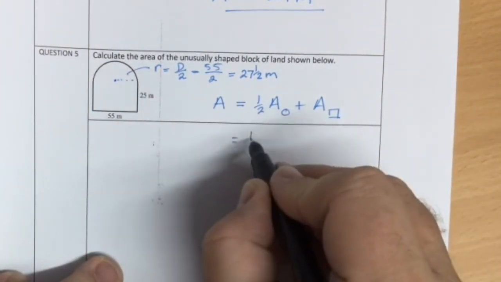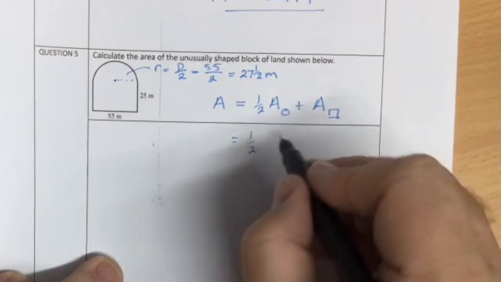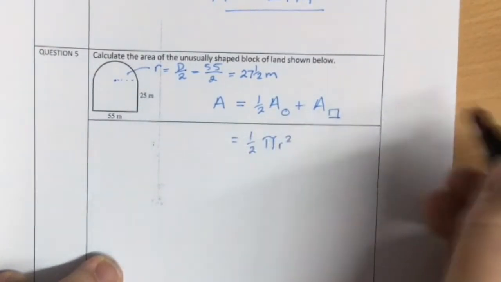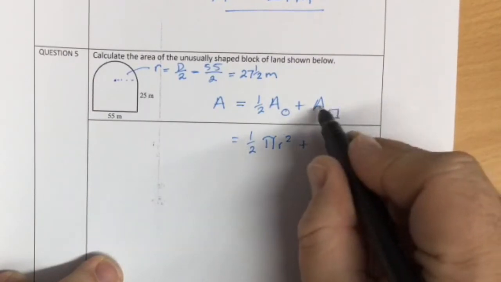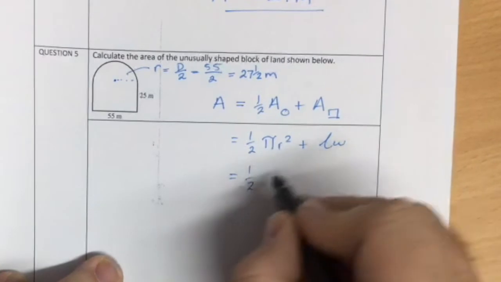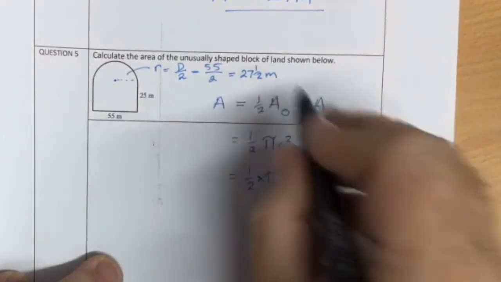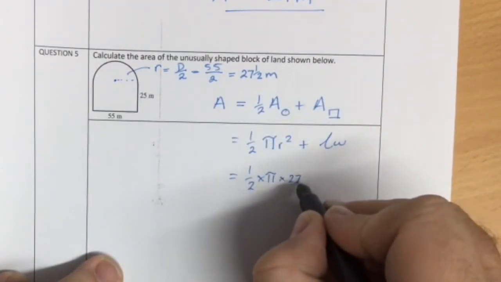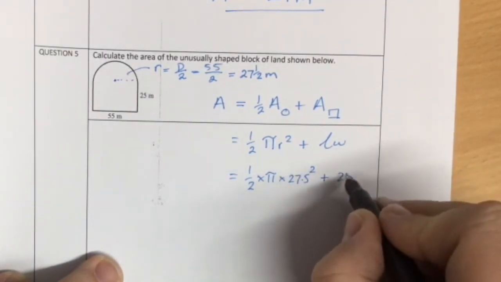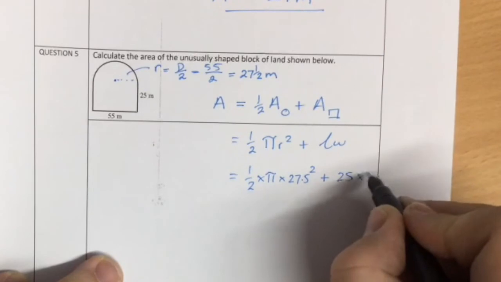But I'm going to do it this way. So, what's the area of a circle? Well, that's pi r squared again. And the area of a rectangle is length times width. So I've got half times pi times the radius squared, which as we said was 27.5, and then we are getting 25 times 55.